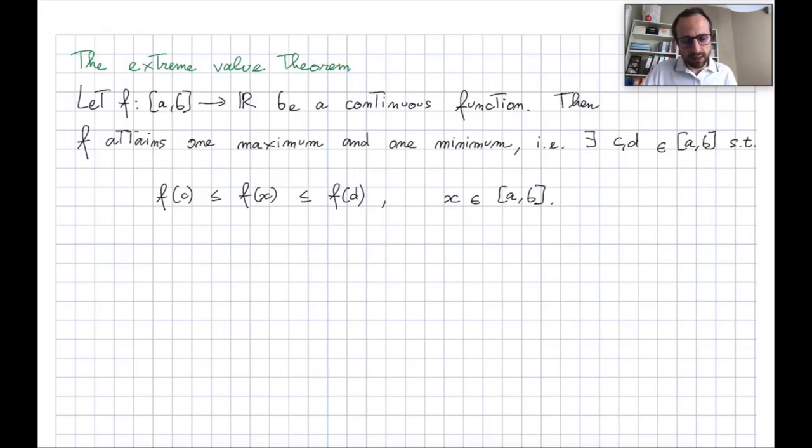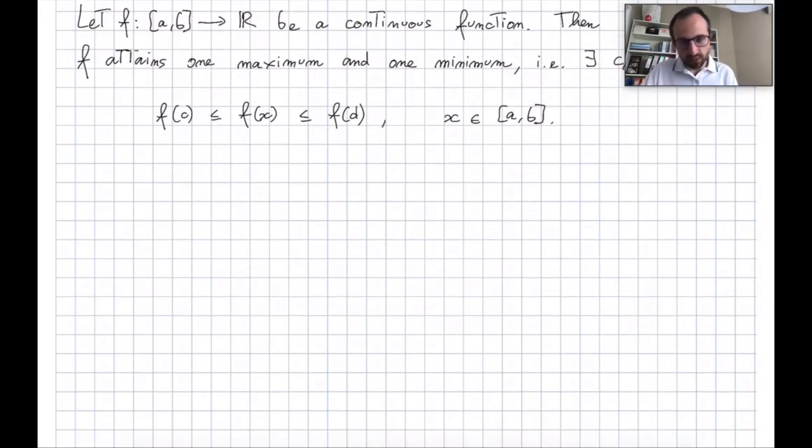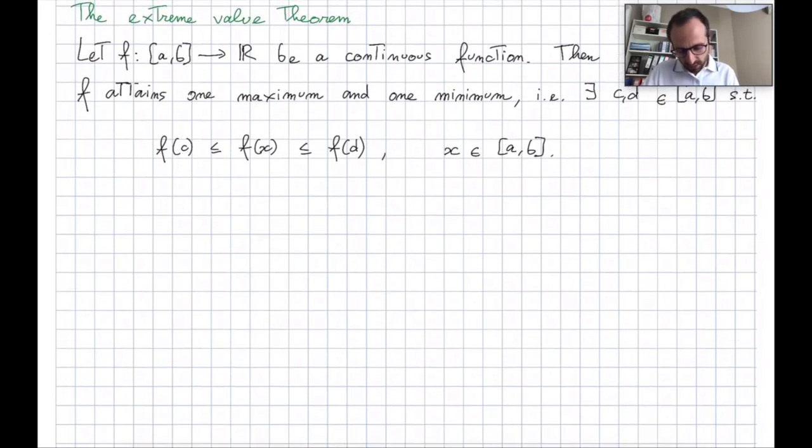So let's try to understand why this theorem is true. Let's draw a simple continuous function. Let's draw first the real line here. Let's pick an a here, b here, and now we have to draw a continuous function from a to b.